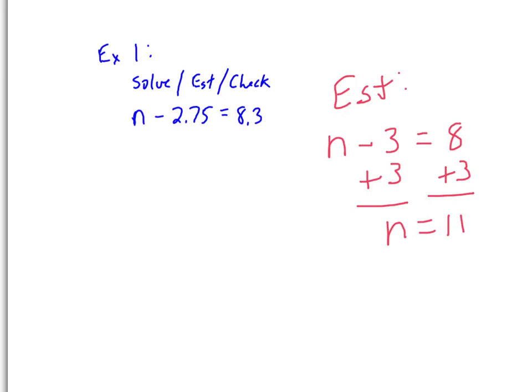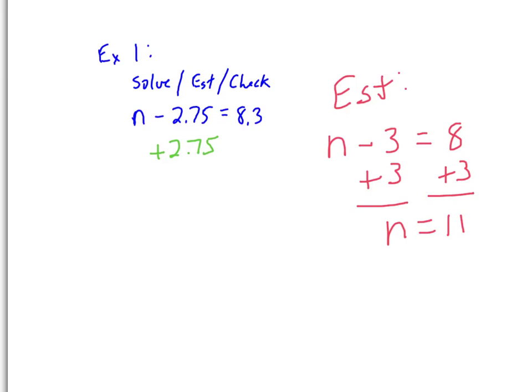All right, so back to the real problem though. So I have n minus 2.75. I want to get n by itself. Right now it has 2.75 subtracted from it, so what I'll have to do in order to get n by itself is add back 2.75. That's my transformation.